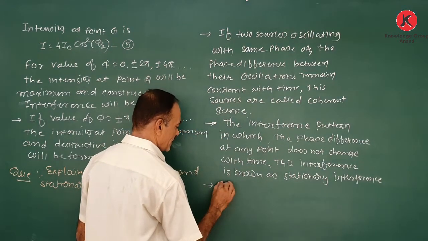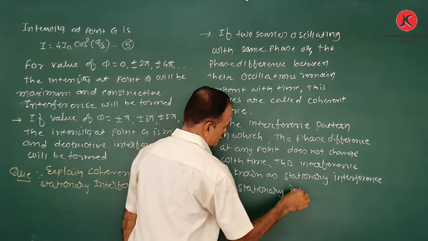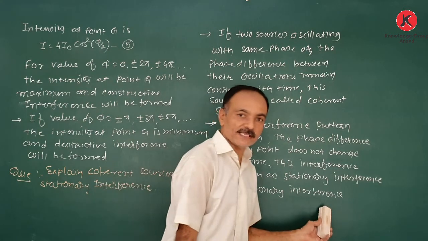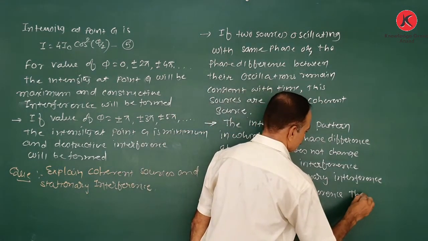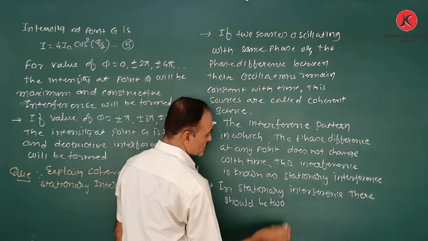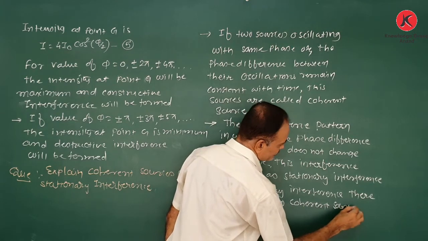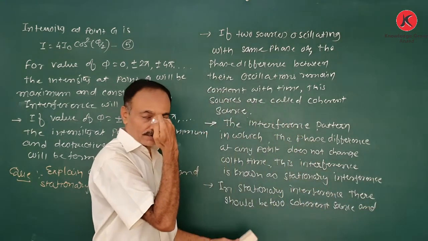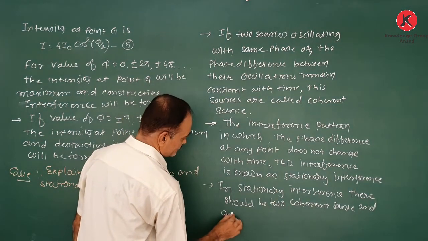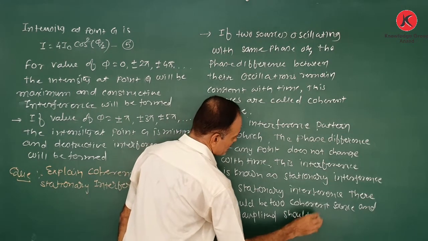Now, in stationary interference, there should be two coherent sources, and the amplitude should also be the same.